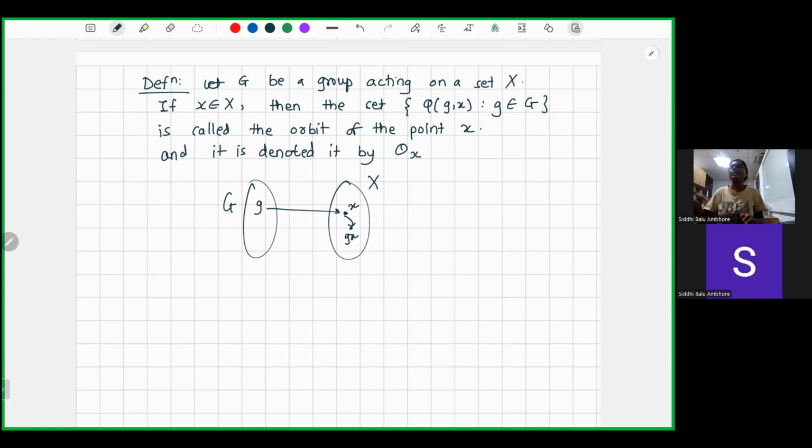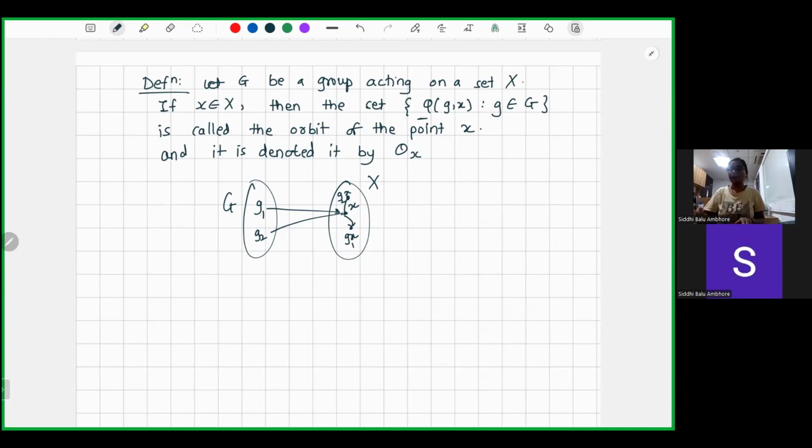Now each and every such element of G acts. For example, if this is g1, suppose it goes to g2x, this is my g2x. And now the collection of all these images under this map phi, when G is acting on this x, is the orbit of x. It is also sometimes called the trajectory of x.